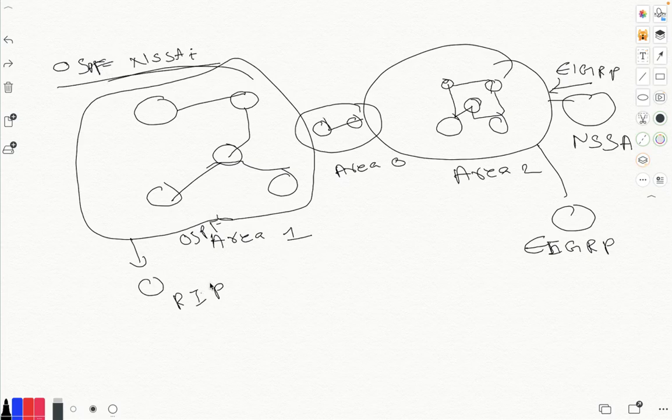This RIP will not be allowed in OSPF area 1 because it is an NSSA network, so the NSSA extends the stub area. In the stub area, characteristics will still exist, including the LSA, link state advertisement, or link state acknowledgement.